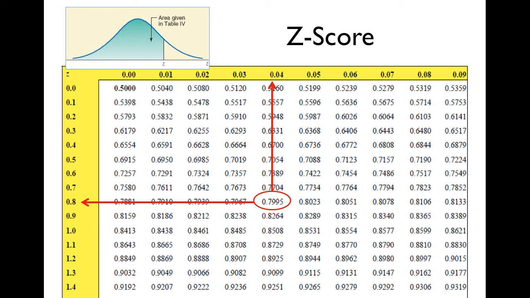The values inside the table are the same as what's in the turquoise in the upper left-hand insert there. Once you find the number you're looking for, 80%, could be 90%, 95%, whatever, then you go up and over to find the appropriate Z-score: to the left to get to the tenths, to the very top to get to the hundredths place. In this case, the 0.84 is our Z-score.